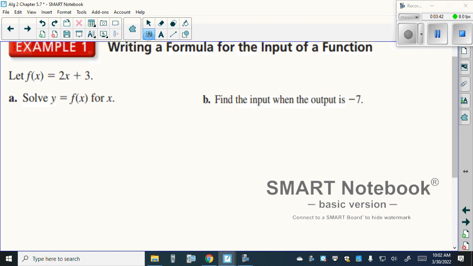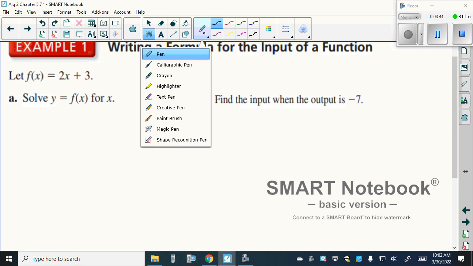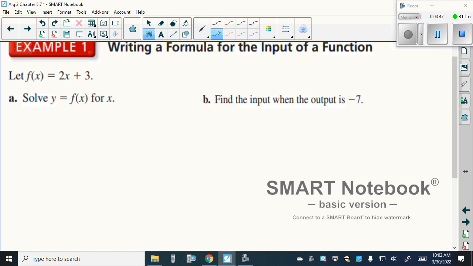So what that means for us is when we look at this first equation, let f of x equal 2x plus 3. So we're really saying that y is equal to 2x plus 3. The first main step is we replace f of x with y.